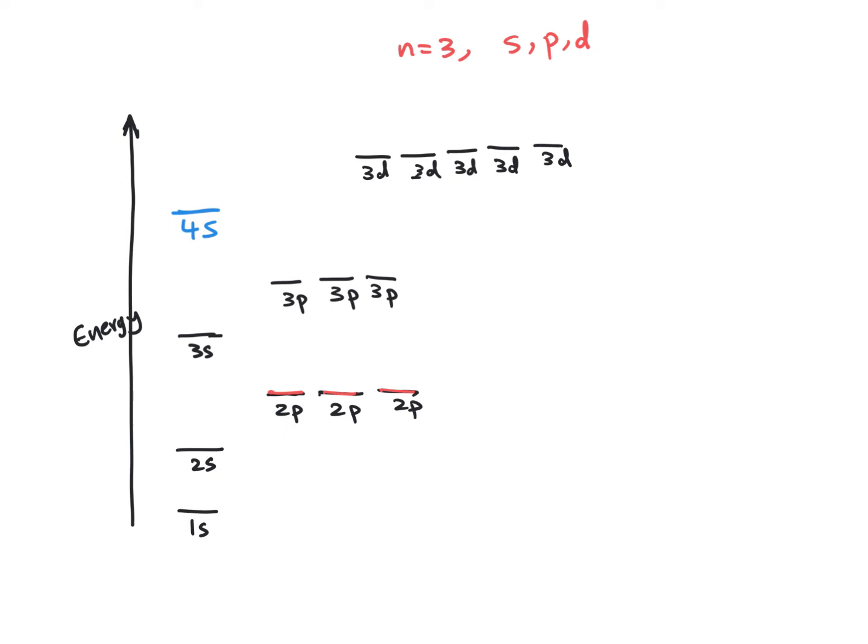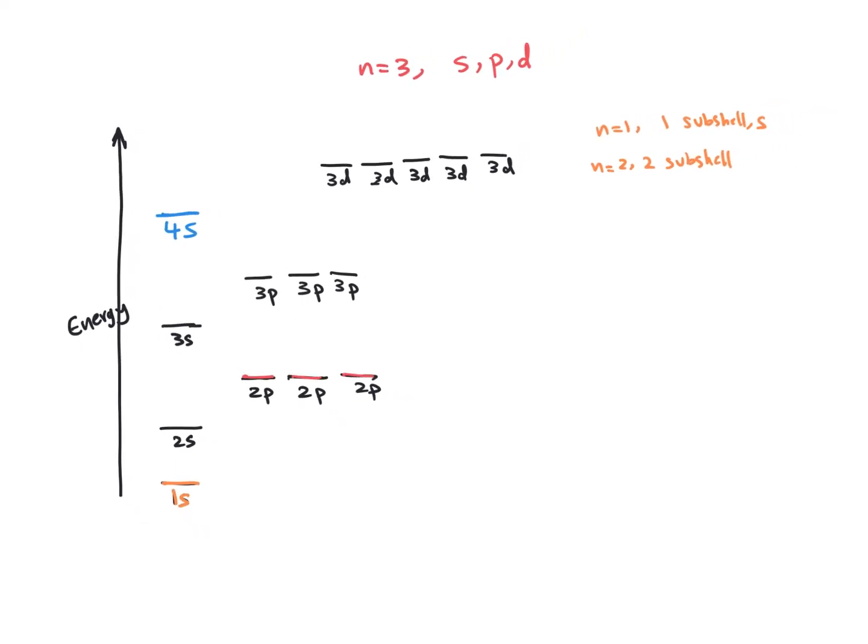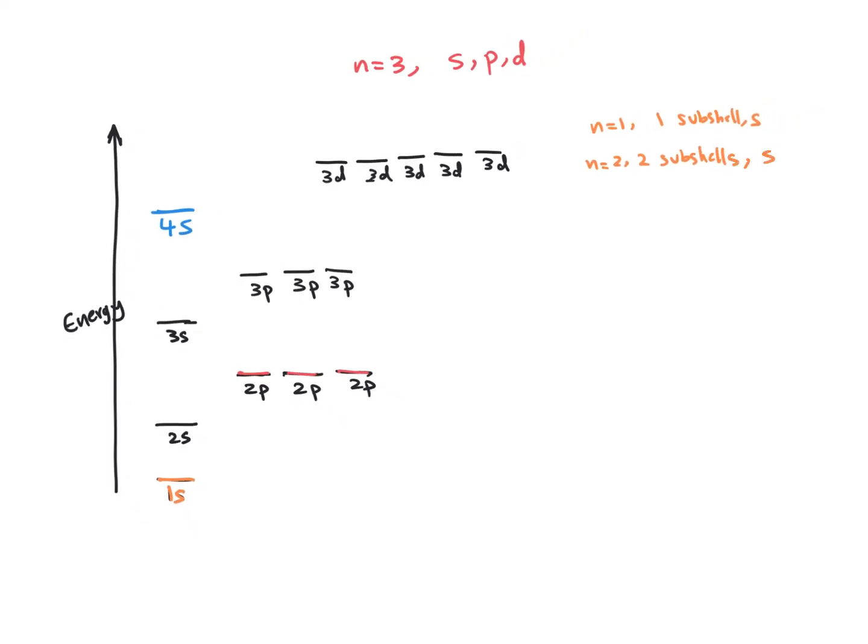So first, let's just review this. 1s has the lowest energy, okay? And we only have one s orbital, that's it, because in n equals 1, we had only one subshell, and that was s, right? And then when n equals 2, we have 2 subshells, and those were s and p, right?